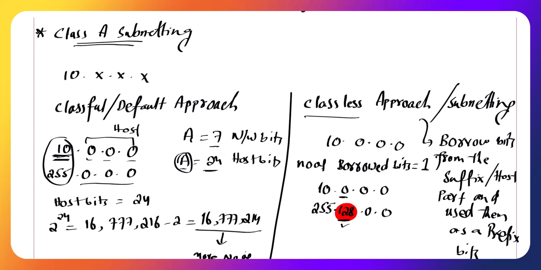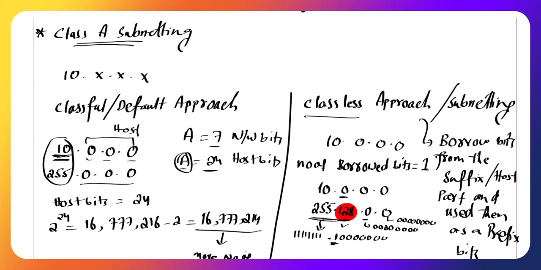If we write them in binary, the first octet has all 8 bits on, and in the second octet the most significant bit is borrowed, and its value is 128. In the third octet we didn't borrow any bits, so it is 0. In the fourth octet we didn't borrow any bit, so it is the same. We only borrowed this bit, and that's why the value is 128. Now the total number of network bits is 9.